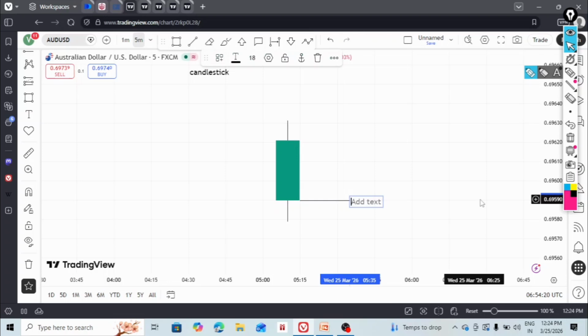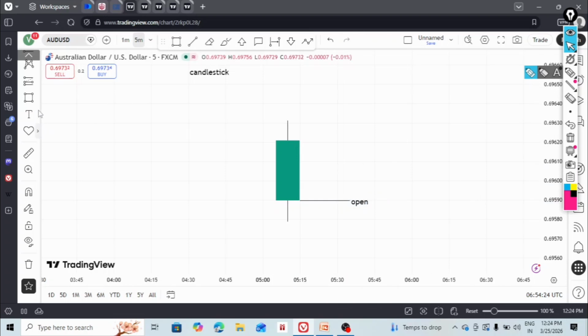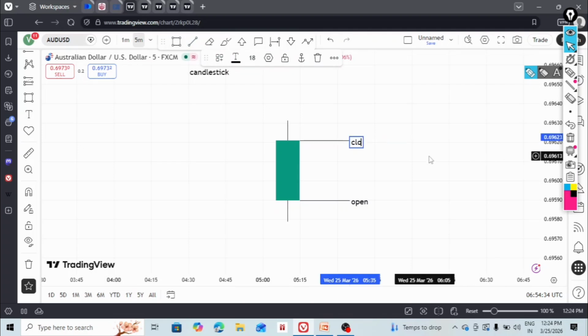Let me just write here the open. This is the opening price of the candle. Here is the closing price of the candle, so let me write it as close.